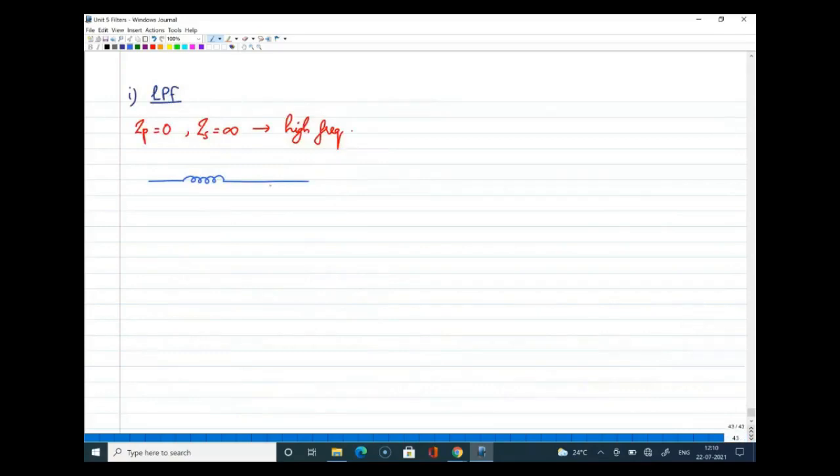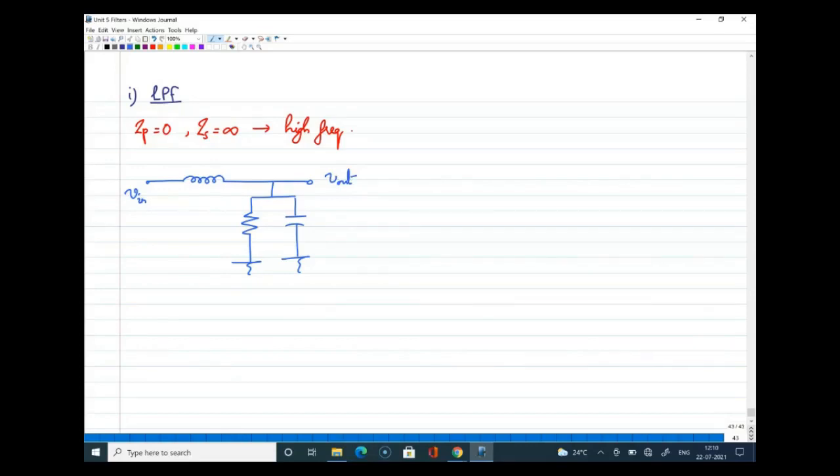And in place of Zp, I'm using two components here: one is a resistance and another one is a capacitor. So this is V in and this is V out. Right. So straight away I have written it is a low pass filter.